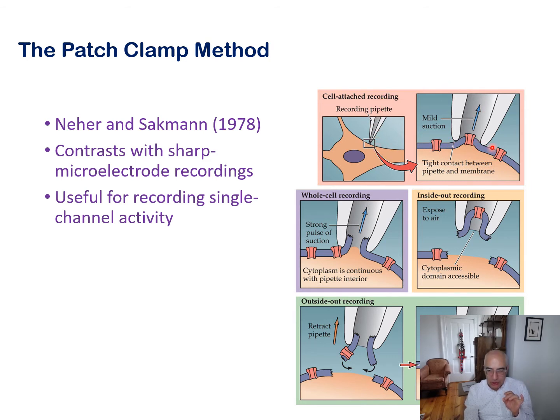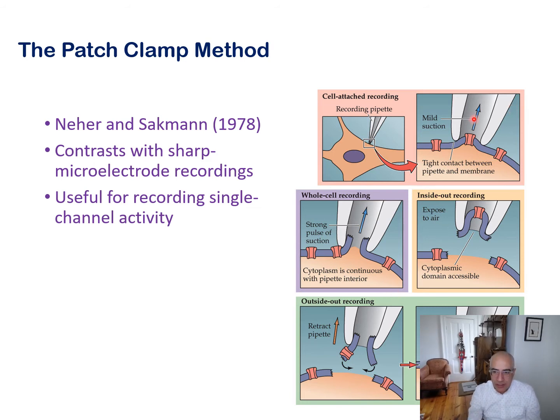A mild suction is applied that sucks in a piece of the membrane, and with some luck, there's a channel or a few channels inside this pipette tip. The pipette diameter is about a micron, and by sucking, a tight contact is produced between the pipette and the membrane. This is known as a gigaohm seal, because the resistance is so high that it's about 10 to the 9 ohm, or a gigaohm.